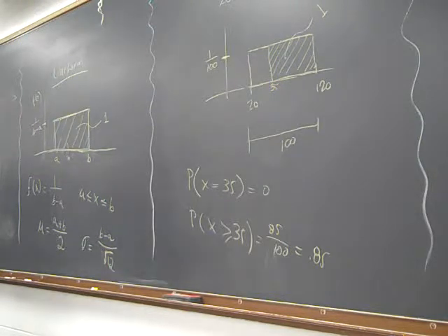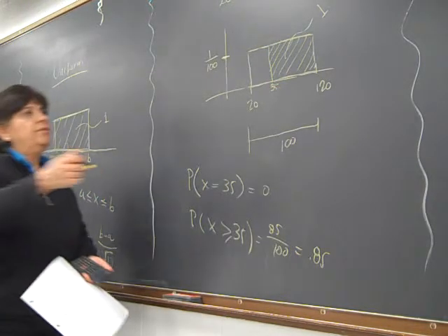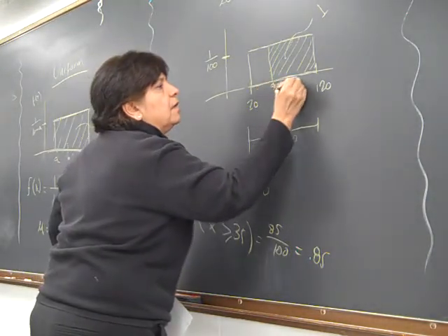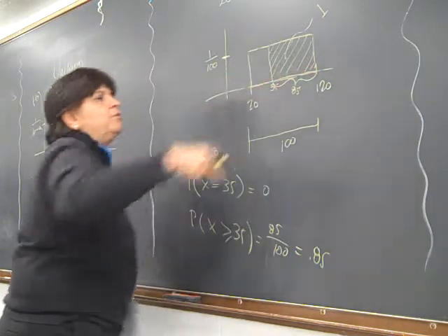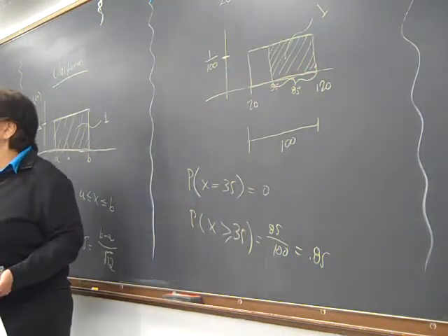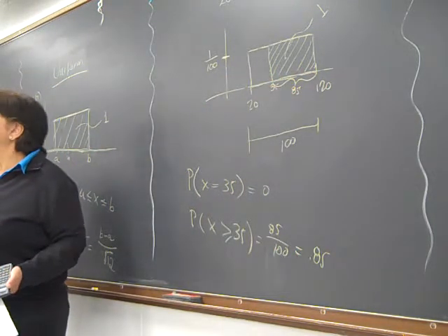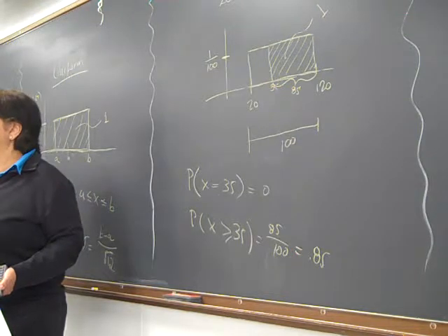Remember, how do you get the area of a rectangle? It's the base times the height. This one has a base of 85, times 1 over 100. So it's 0.85.